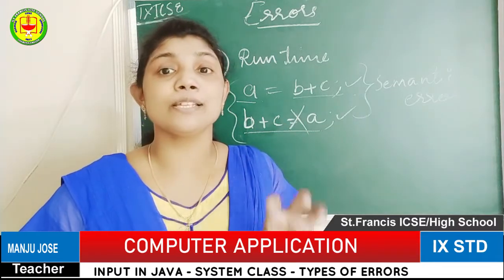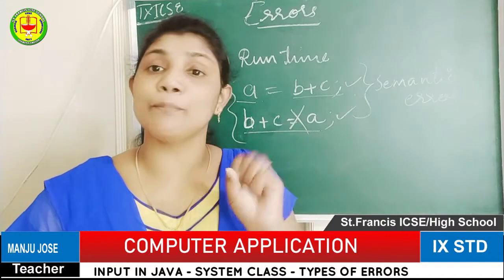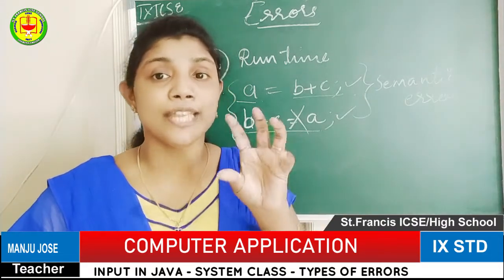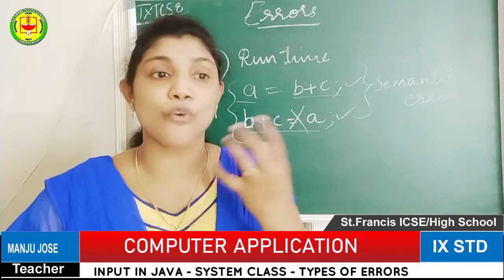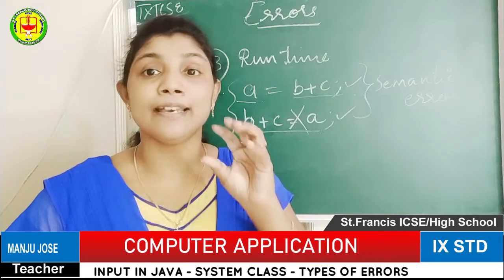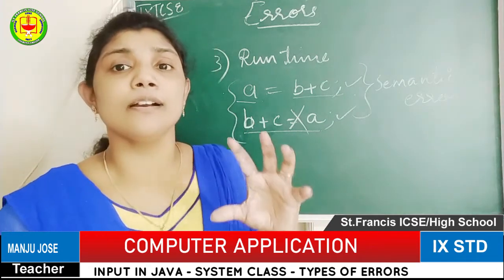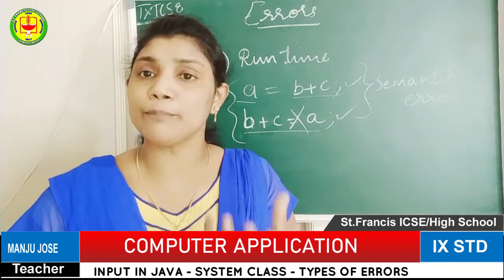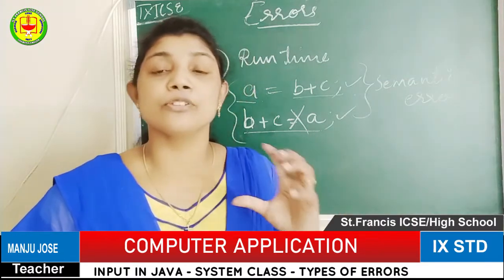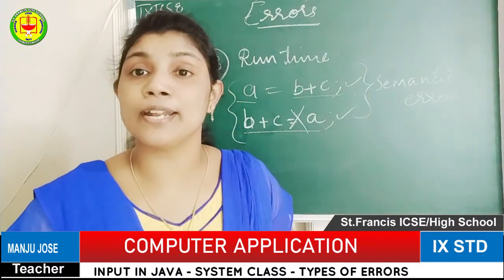That kind of error is detected only by the programmer. So the programmer can find or detect the error, and should change the concept or the formula, using the proper, right formula. While solving problems, logical errors may occur. So that kind of error is called a logical error.